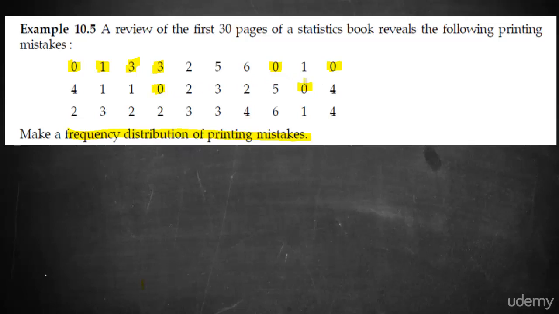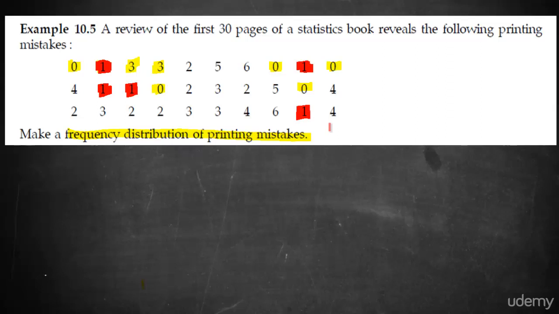So there are some pages where you don't have a mistake, and in some pages you have one mistake. That is, in page number 2 you have one mistake, in page number 9, page number 12, page 13, then page 29. So these are the pages where you have one mistake.